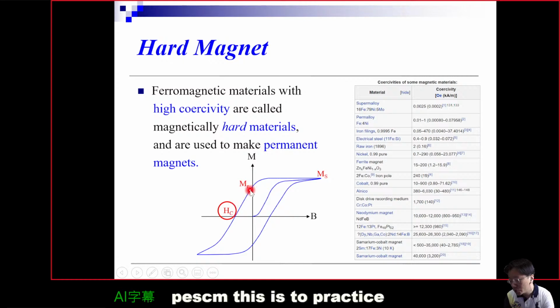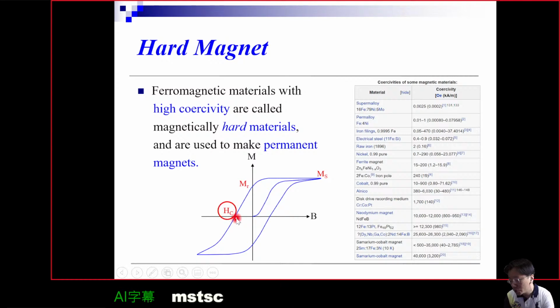So actually this tells us a very important feature of the ferromagnetic material: this area is the magnetic energy product, which is the magnetic energy that can be stored in the magnetic material. But here I want to first discuss the coercivity.